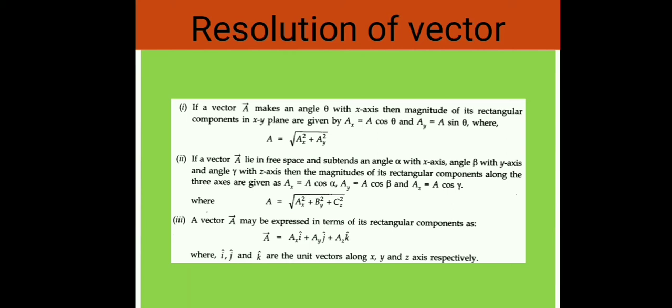It means the angle between i cap and j cap is 90°, j cap and k cap is also 90°, and the angle between i cap and k cap is also 90°. If the components of the given vector are perpendicular to each other, then they are called rectangular components.